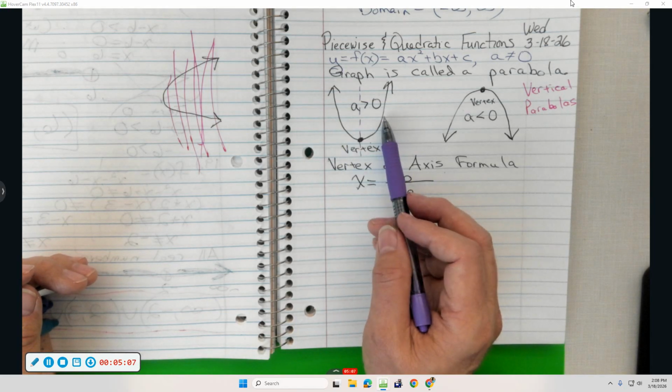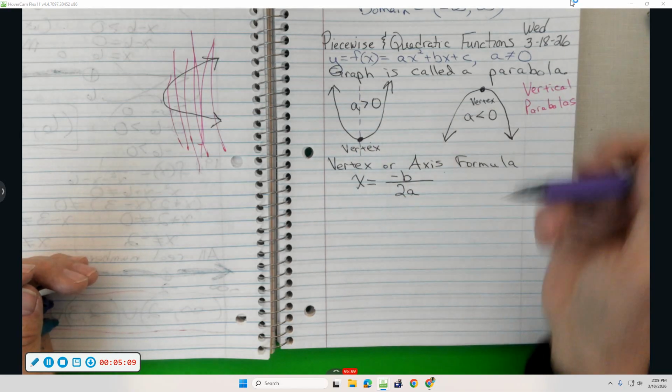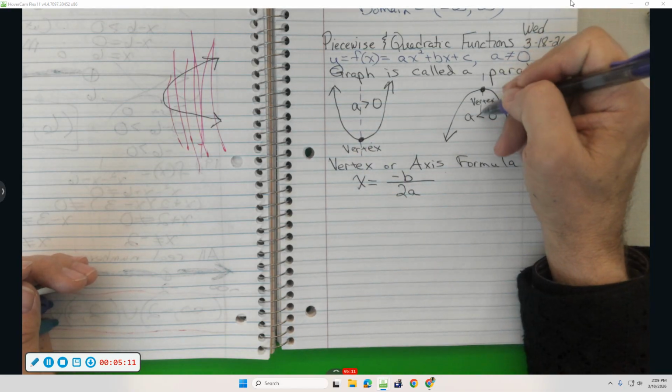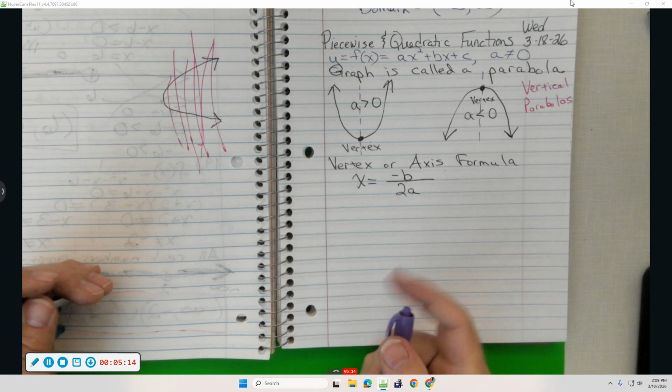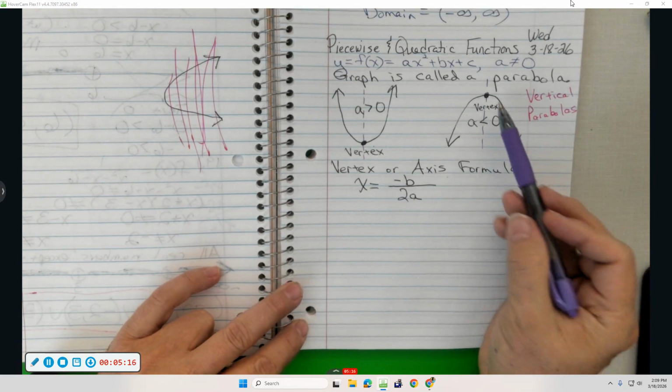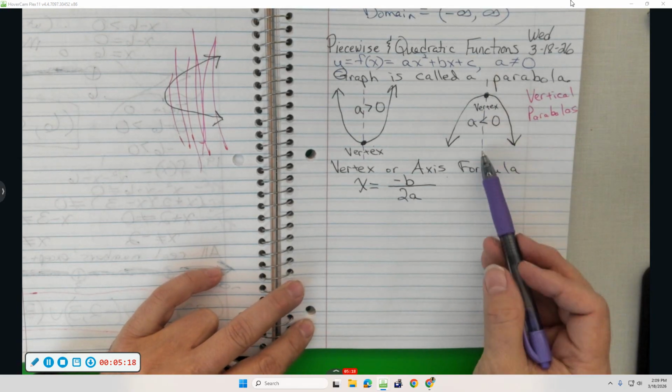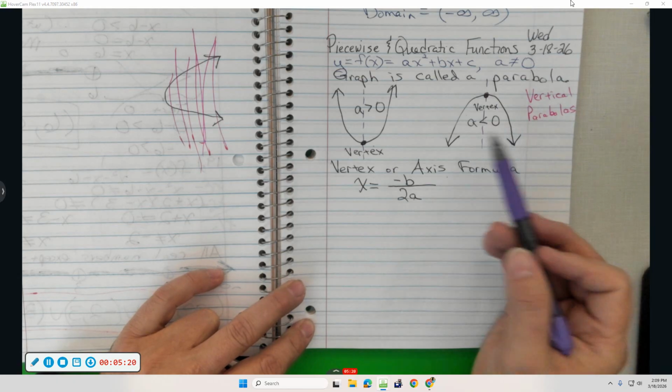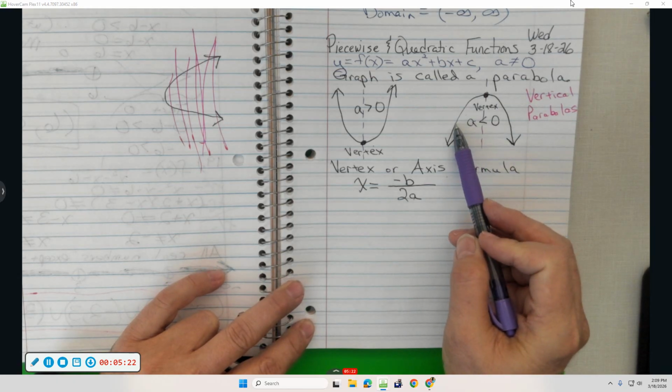They are symmetric about that vertical line. Likewise, there's the vertex. And just imagine if you fold the paper down that dashed line, the right-hand portion should lie directly on the left-hand portion.